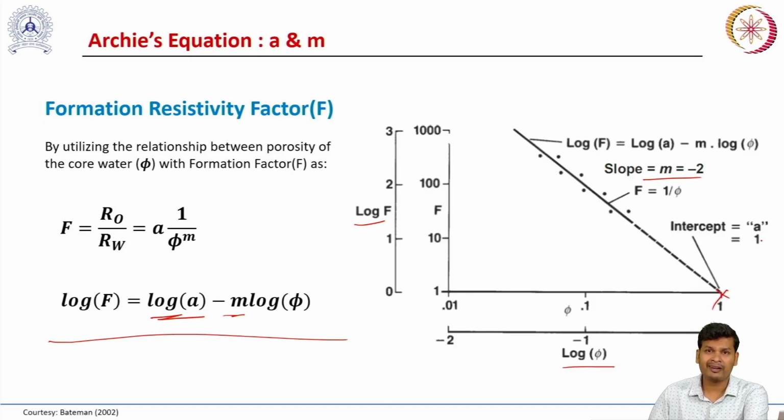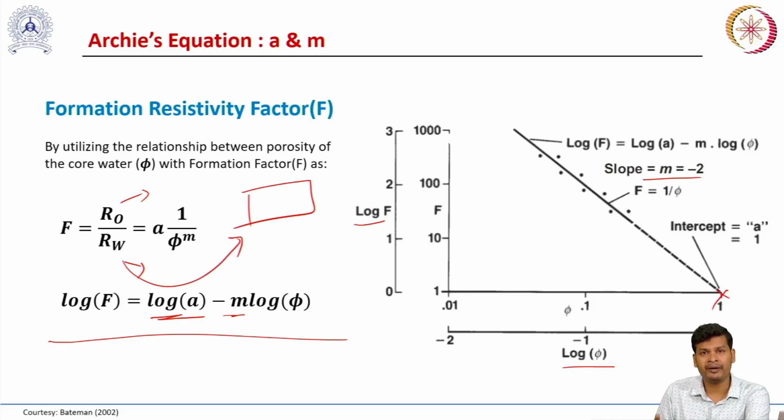So in order to calculate the formation resistivity factor, we need the values of Ro and Rw. So you also must have a formation water sample whose resistivity is Rw. The formation water sample, representative of the actual water inside the formation, must be used while saturating the core. So a number of cores could be saturated to calculate the Ro values.